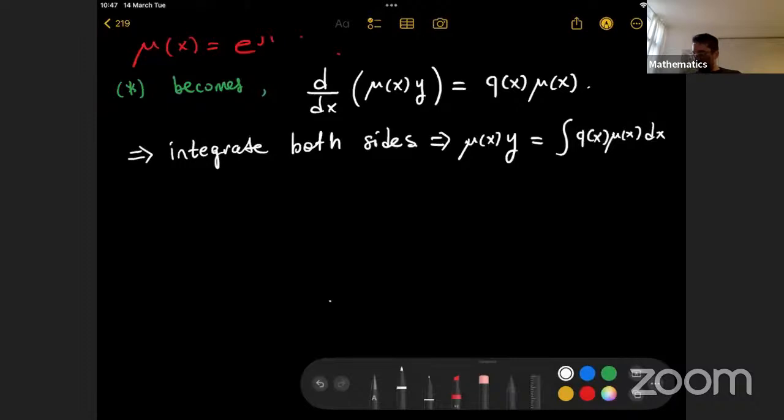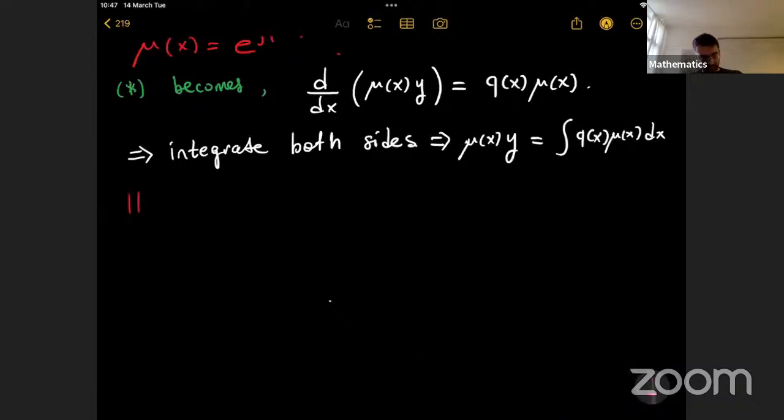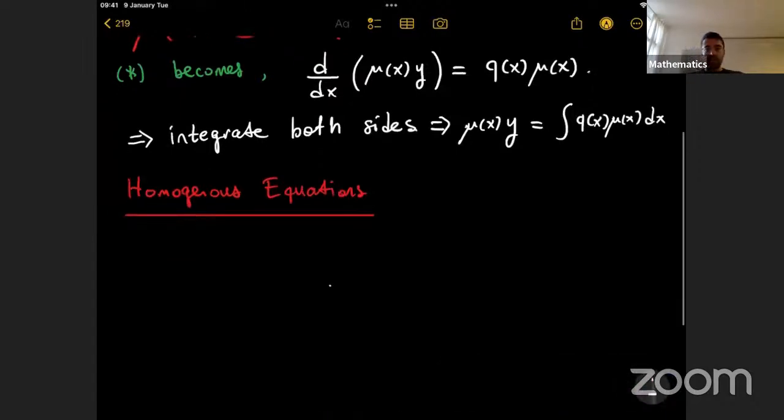Now, the next thing is we will talk about homogeneous equations. This is now something new. What's a homogeneous equation?